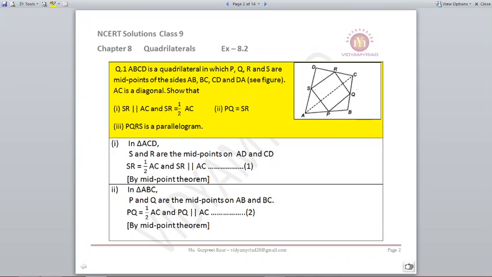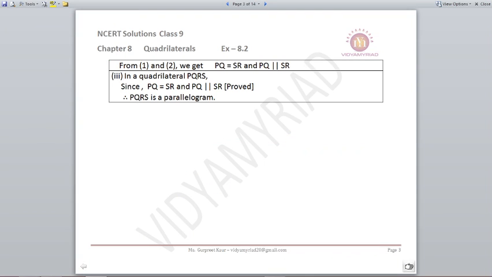So PQ is half of AC and PQ is parallel to AC as per the midpoint theorem, that is equation number 2. Now from equations 1 and 2 we get PQ equal to SR and PQ parallel to SR. When one pair of opposite sides is equal and parallel, we can say that PQRS is a parallelogram.